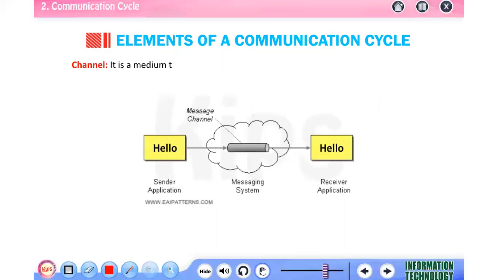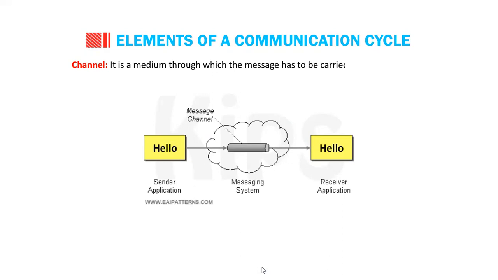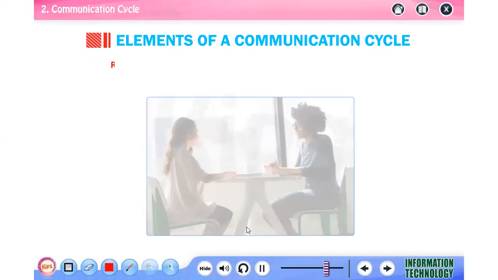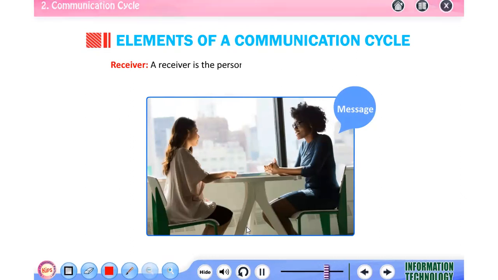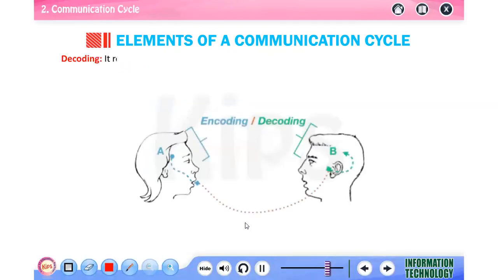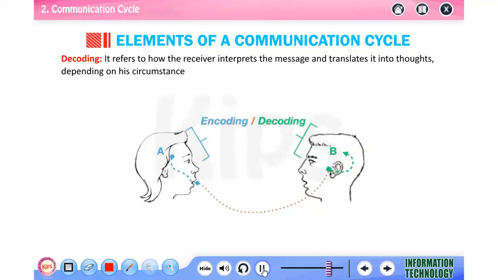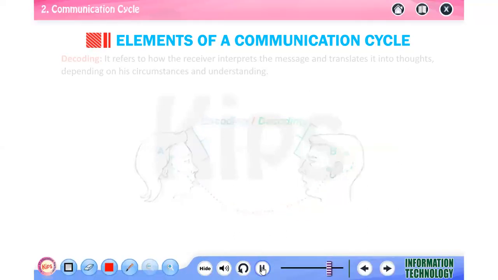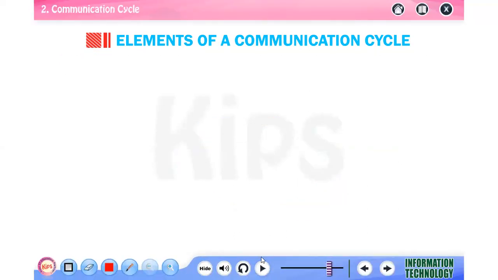Channel. It is a medium through which the message has to be carried and sent to others. Receiver. A receiver is the person for whom the message is intended. Decoding. It refers to how the receiver interprets the message and translates it into thoughts, depending on his circumstances and understanding. Receiver means the person who receives the message, and decoding means how the receiver interprets the message and translates it into thoughts.